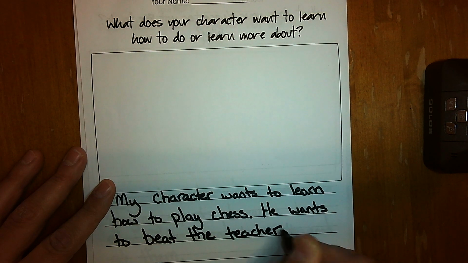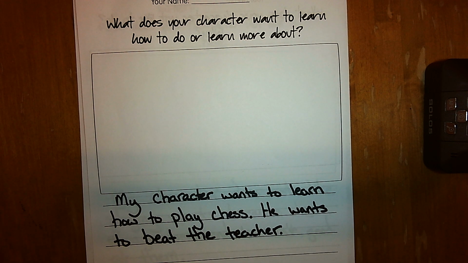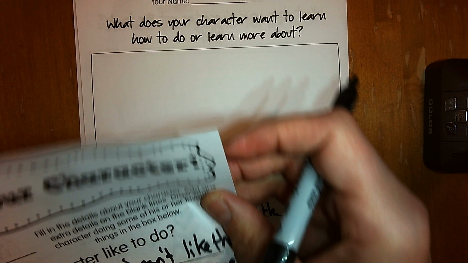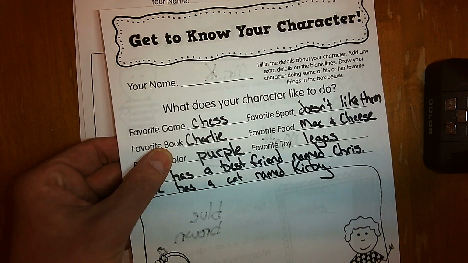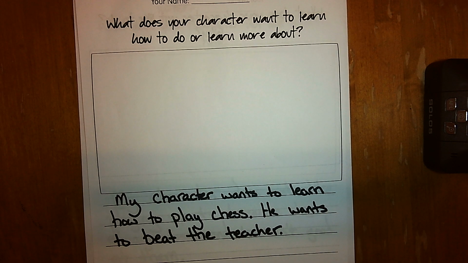And I talked about that when I filled out my first sheet, I said maybe his favorite game could be chess. Maybe there could be a story where he wants to play the teacher. And that may sound familiar because I used to play chess with you and challenge you. And if you beat me, you would win K Cash.